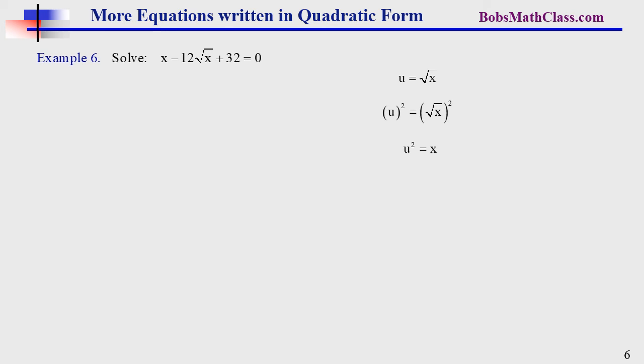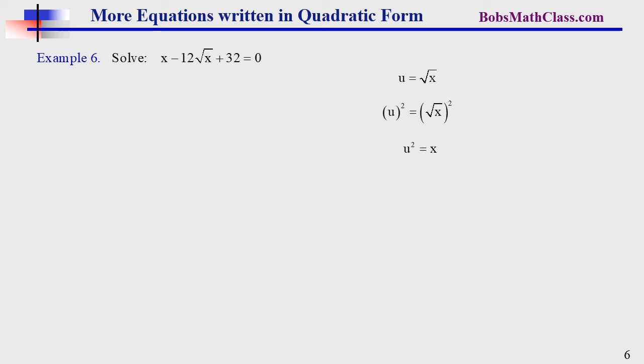Well, we've done it. Now we have the information to replace any x that we have in our problem with the letter u. Okay, so let's go to it. It says in our equation x minus 12 square root x plus 32. So that first x, we want to replace it. What is x equal to? Well, looking at what we have on the right, x is equal to u squared.